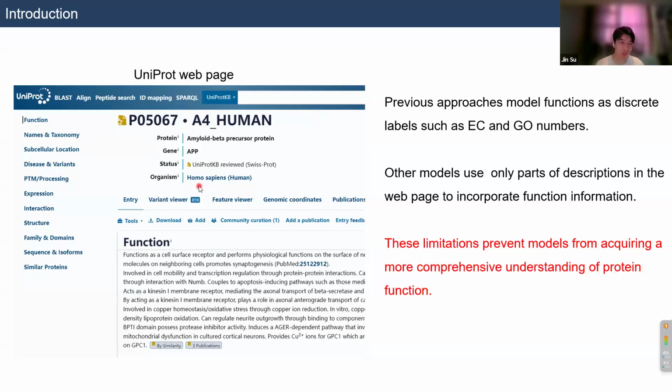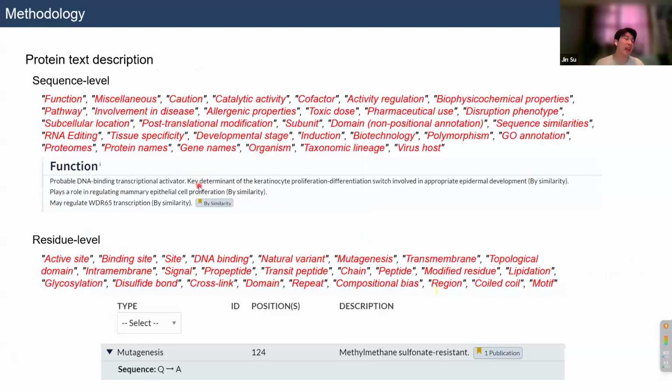So to solve this problem, we list all information contained in the UniProt web page. The UniProt page contains over 50 types of subsections containing different text information. So here we split them into 2 types, i.e. the sequence level subsections and the residue level subsections.